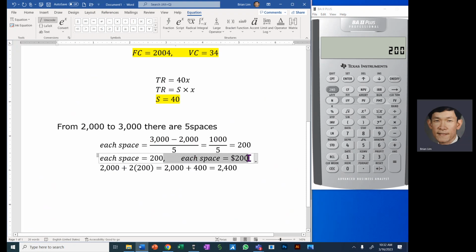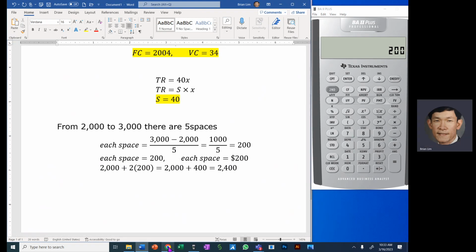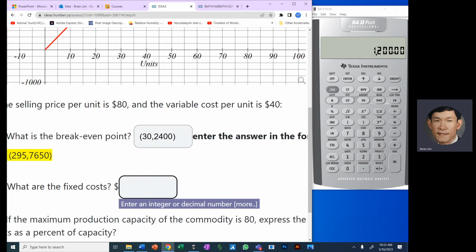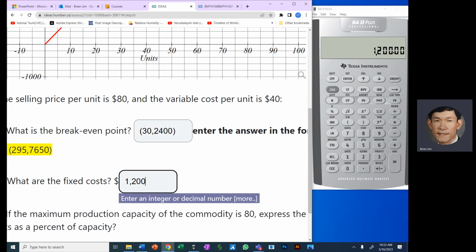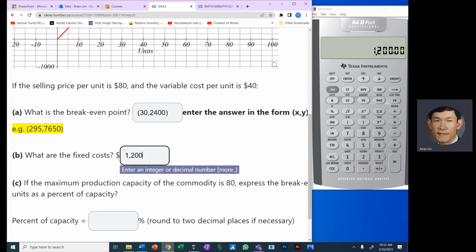Okay, each space is 200. So we can take the 1,000 and we add 200 and we should get 1,200. So the fixed cost should be 1,200. And now I think we can put in the comma. It should work. Why? Because we're not putting in a pair of values.